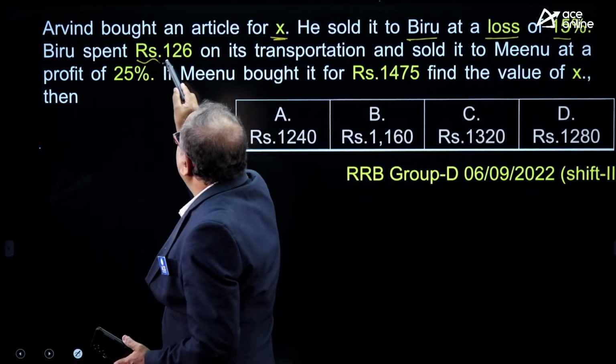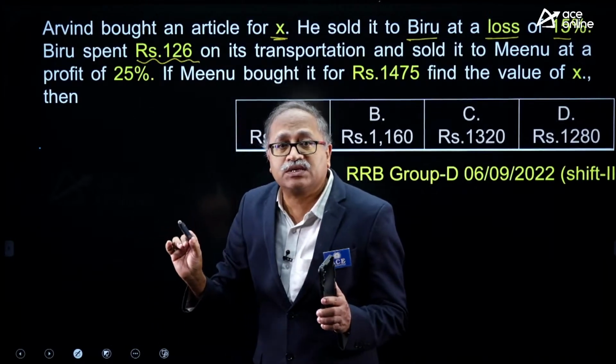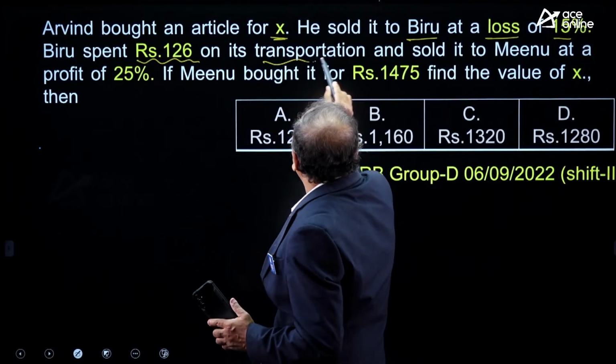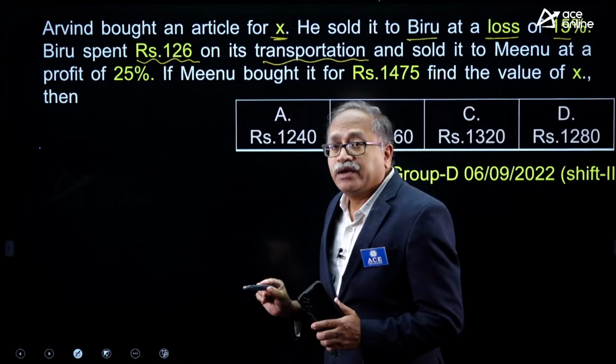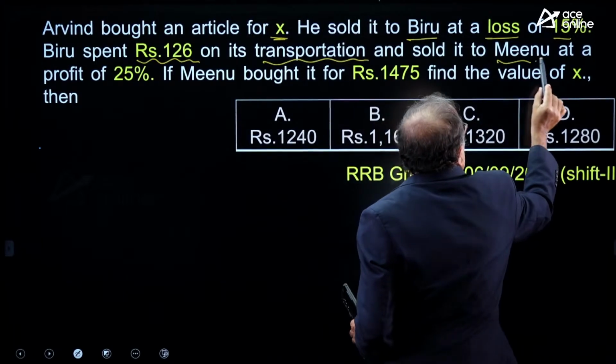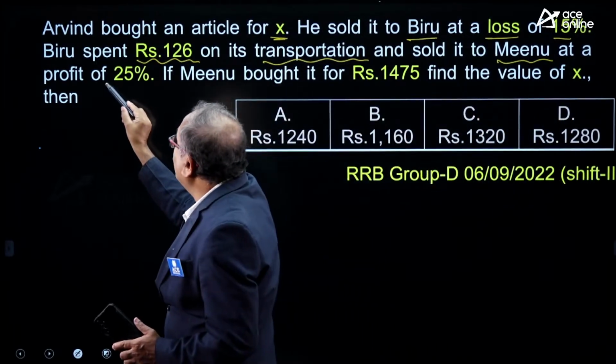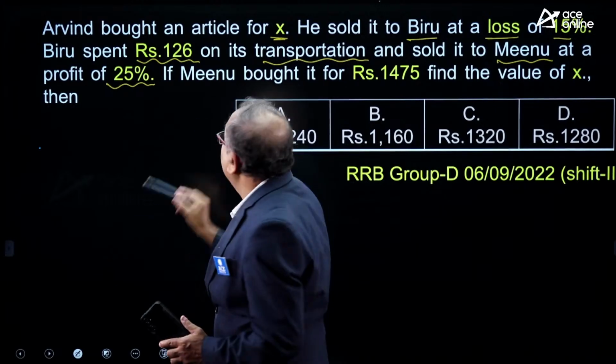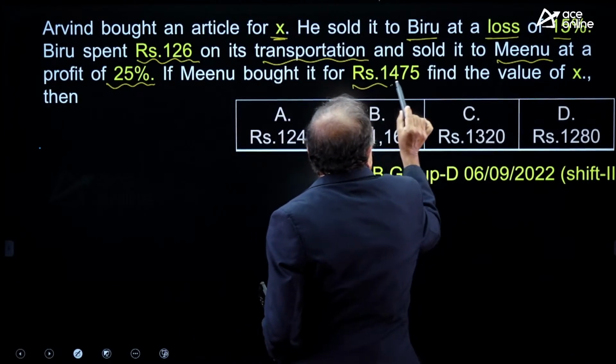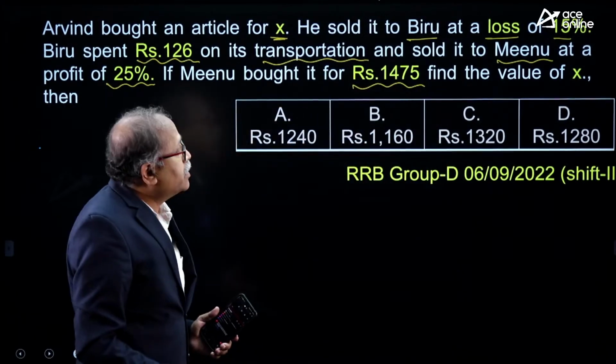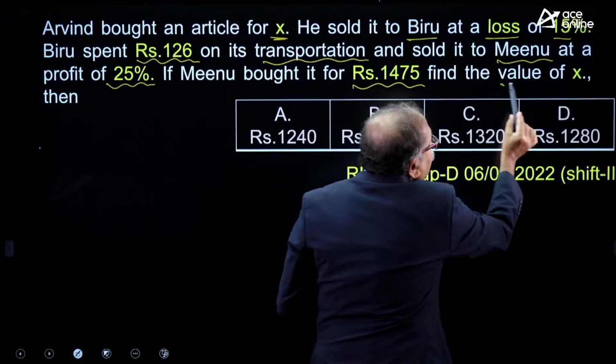Biru spent rupees 126 on its transportation and sold it to Meenu at a profit of 25%. Meenu bought it for rupees 1475. Find the value of X.